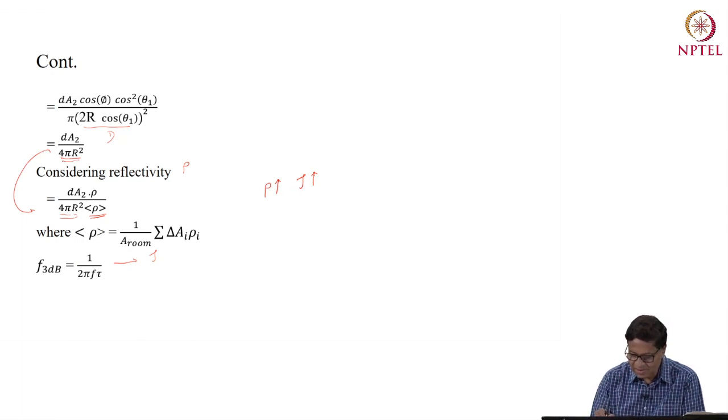So once this τ increases, this F3dB will go down. So this is a low bandwidth channel.